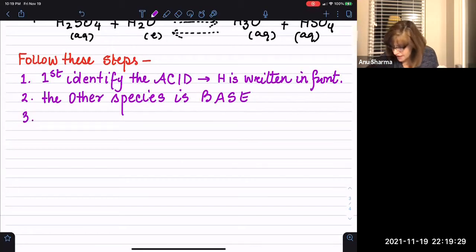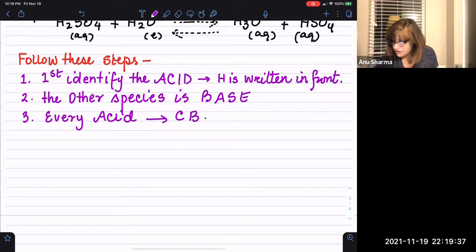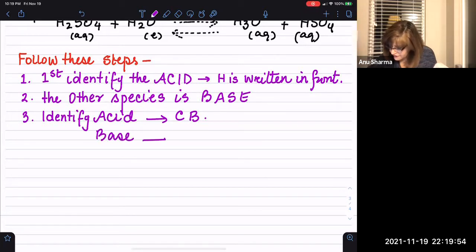Next, every acid will have a conjugate base, so identify the conjugate base. For the acid, identify the conjugate base; for the base, identify the conjugate acid.